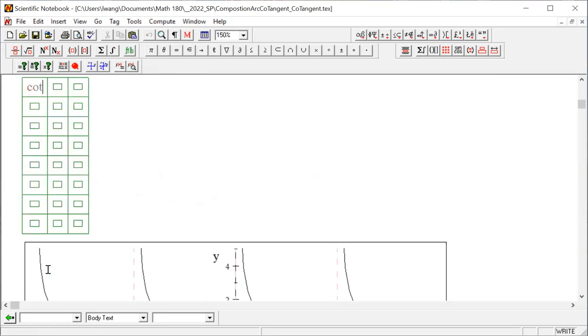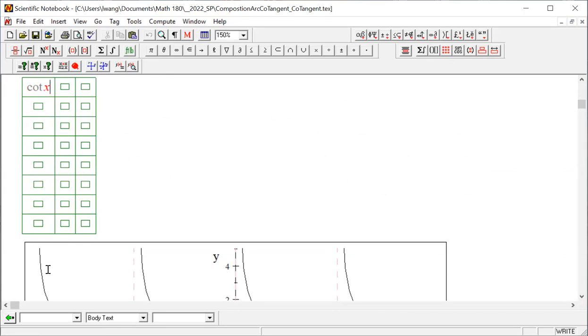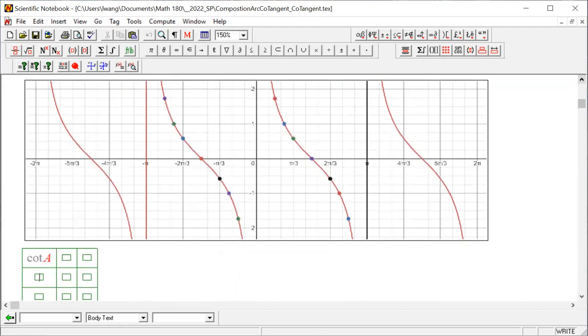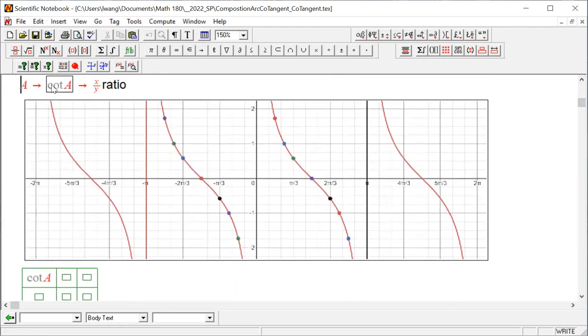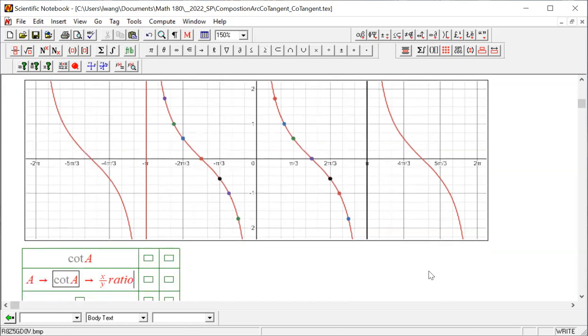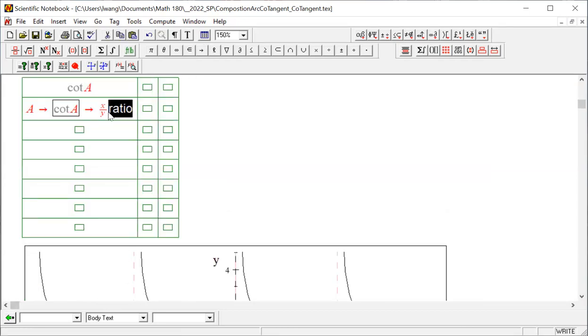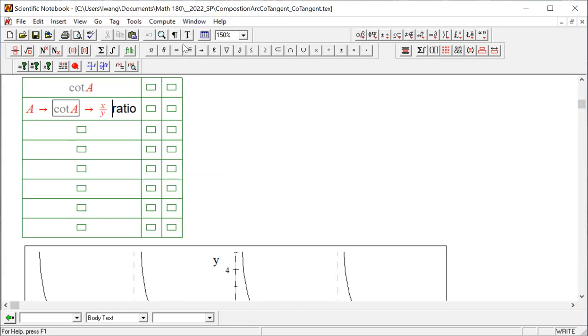Cotangent x, or we can use angle if we want. It's a rule, and that rule takes an angle to make a ratio. Angle is the input and ratio is the output. And the ratio is very specific: it's the ratio between x and y, x over y.